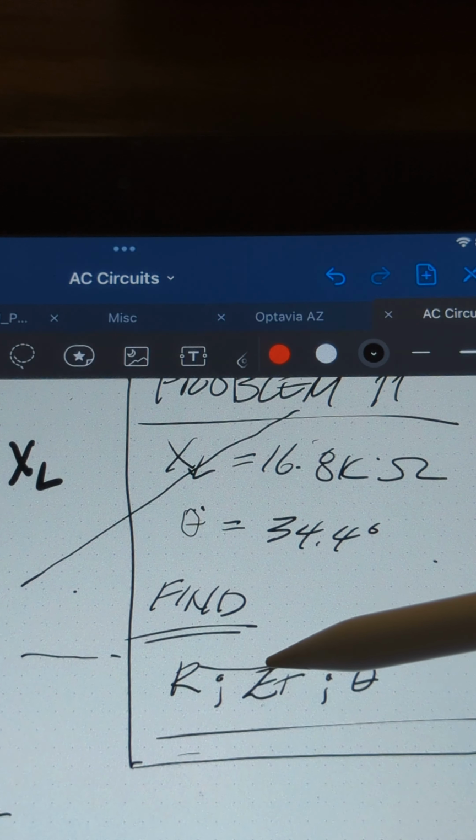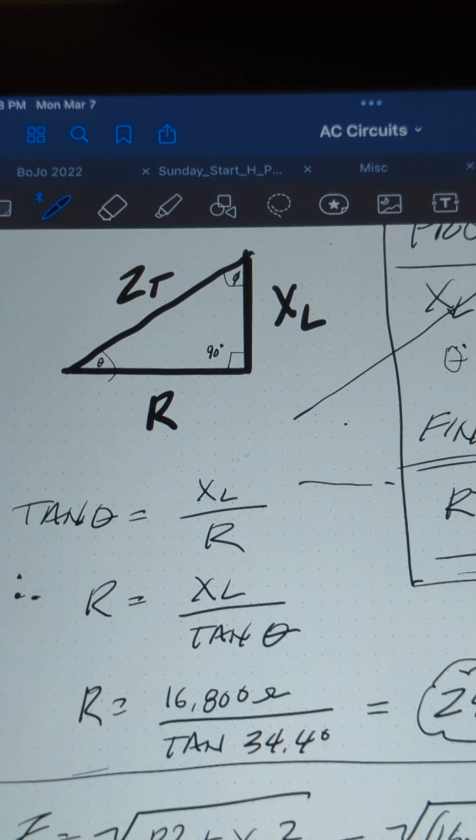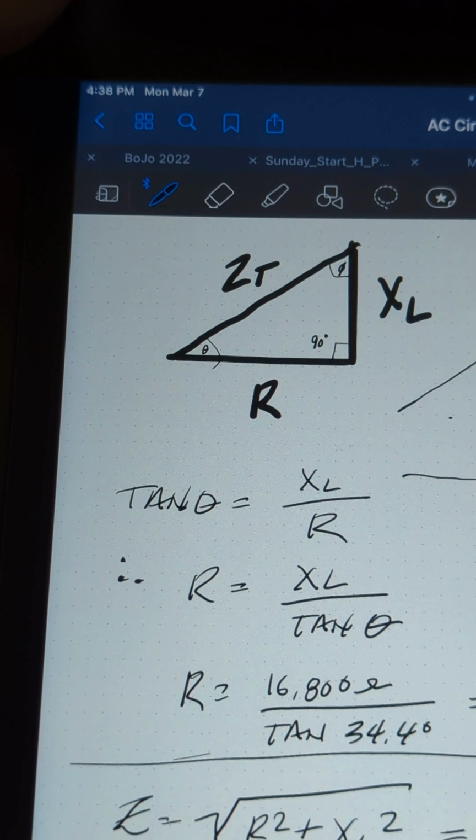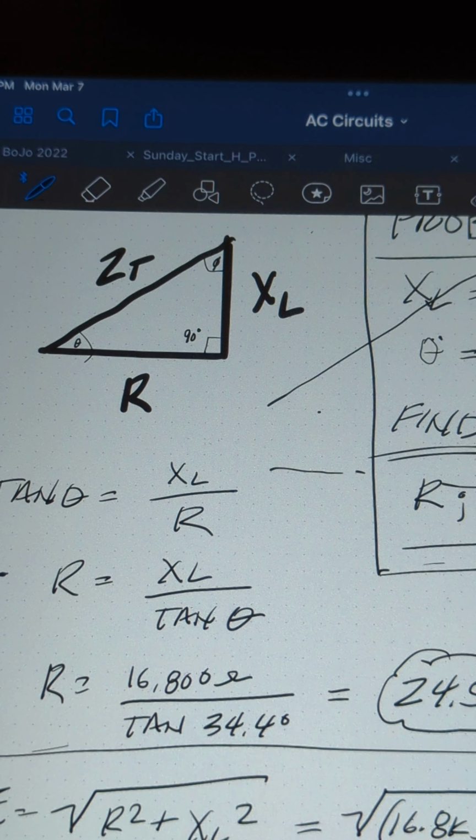We are going to be looking for a resistance and our total impedance, as well as phi. We're looking for phi in this last one, not theta, so that's the other angle. If I want to find out what R is, I have to use this equation that we figure out from the triangle.